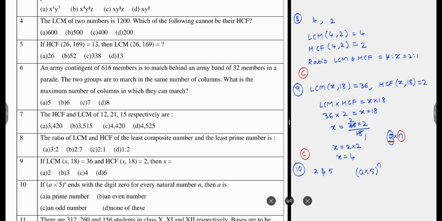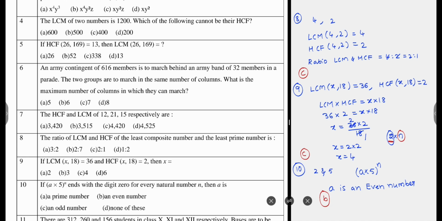So it can end with the digit 0 for some natural number n. So what should be a? Here a is an even number. If a is an even number, it can end with the digit 0. So option B is correct. Option B is correct.